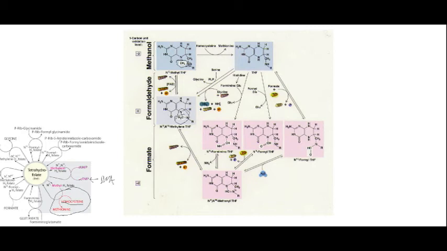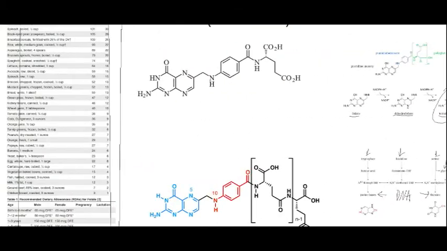And then we can have the N5,N10 methenyl tetrahydrofolate. Once again, I'll go through this in a lot more detail in later videos when we get to things like this homocysteine cycle, which also uses vitamin B12. So I'm not going to go through this in great detail here.